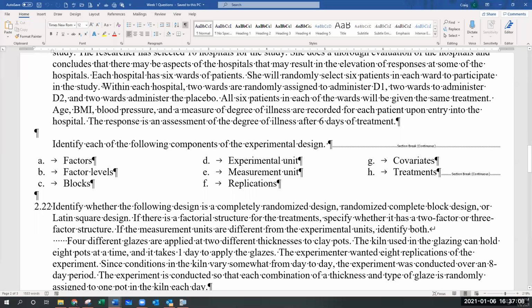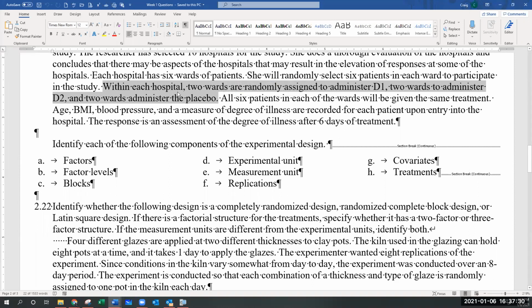Yeah, and specifically, if we look at what it says right here, within each hospital, 2 wards are randomly assigned to D1, 2 to D2, and 2 to the placebo. So the replications just means that we're doing 2 wards per each drug in each of the 10 hospitals.